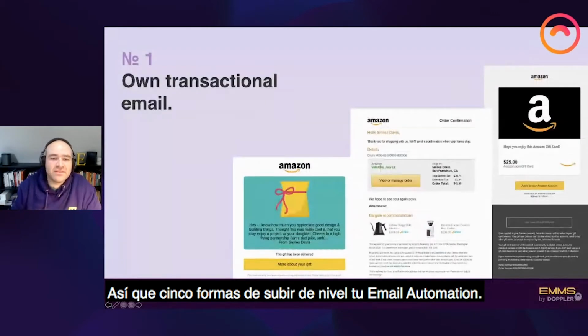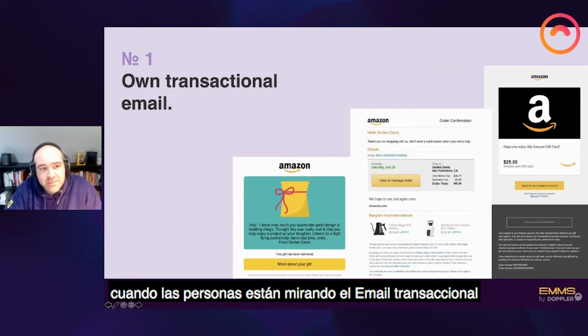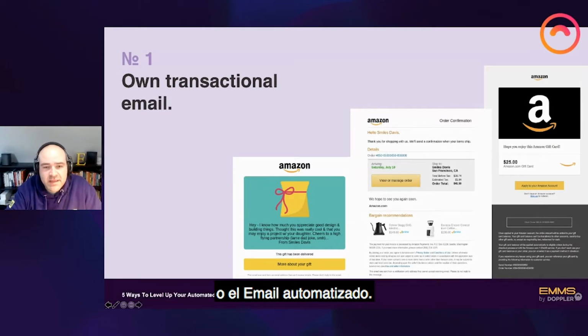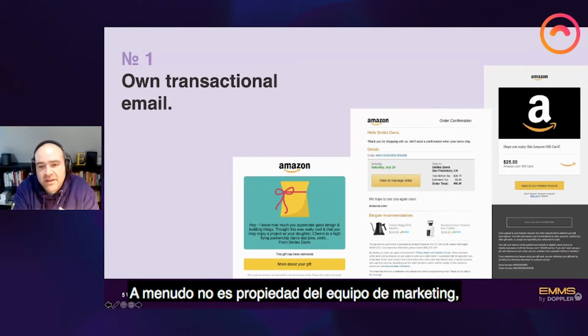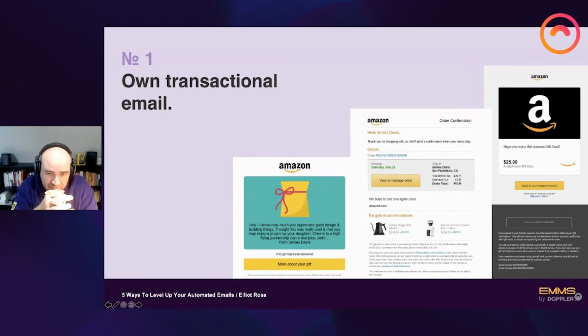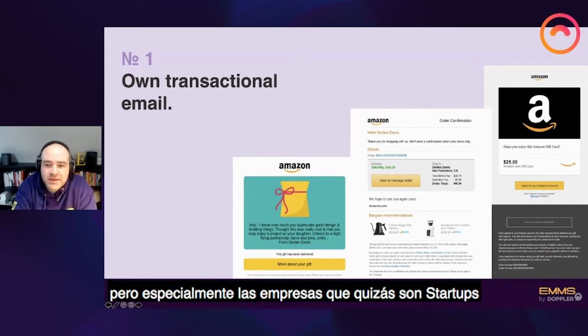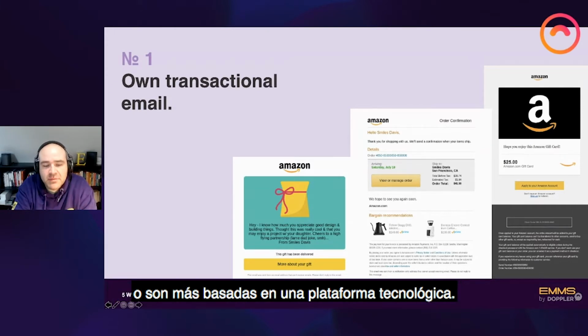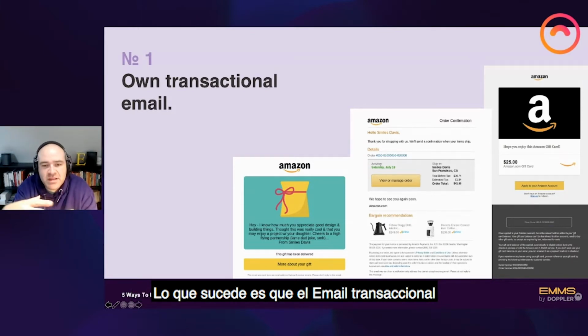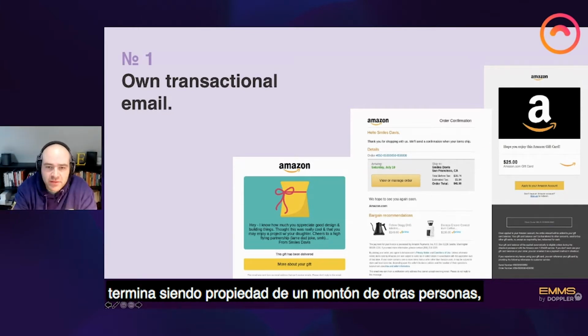So 5 ways to level up your automated email. The first thing, and this is a big challenge when people are looking at transactional email or automated email, is quite often it's not actually owned by the marketing team, especially in companies that are perhaps startups or more technology, platform based. What happens is transactional email ends up being owned by a whole bunch of other people.